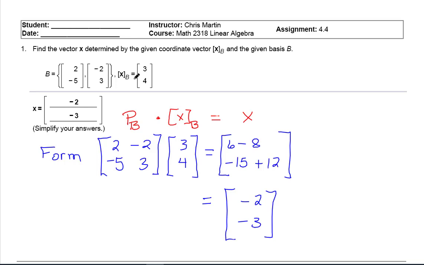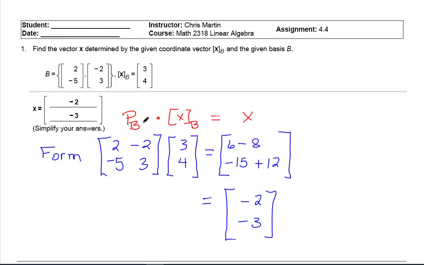We are given the representation for vector x relative to that basis as 3, 4. Well, the question is, what are the coordinates of that vector relative to the standard basis for R2?